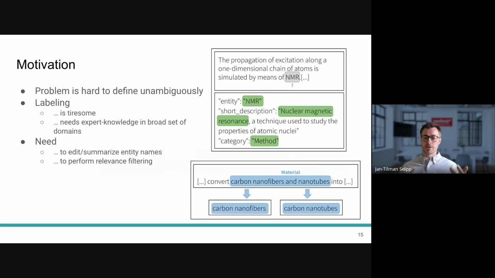So first of all, why do we look into this? David already mentioned a few of the problems. One of them is that our task, our problem, is very hard to define unambiguously. In some settings, a technology could be, let's say, a laptop, and it could be the technical system that the document is about, and that it discusses its advancements.